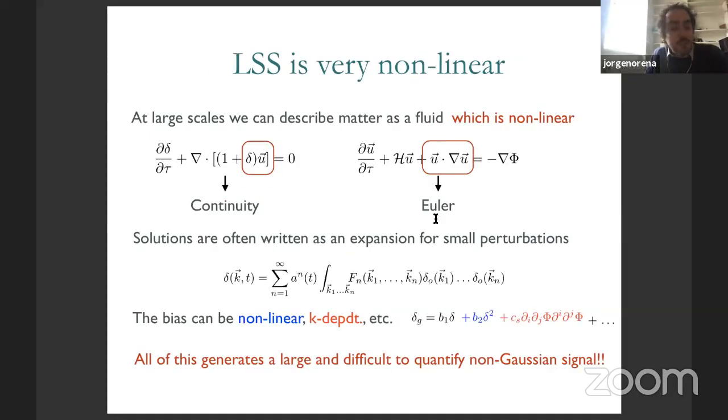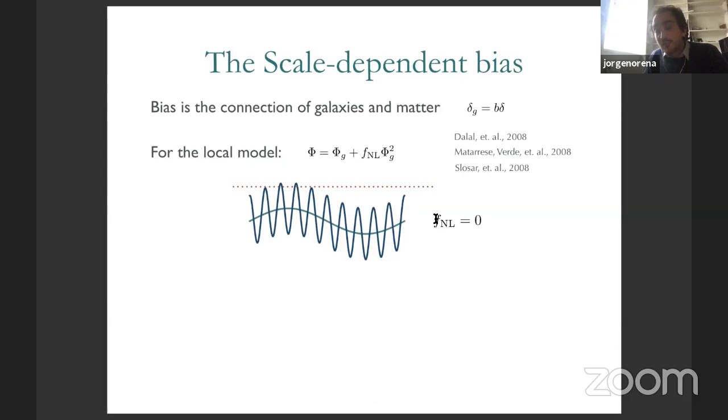So what are the observables of the large-scale structure? One can observe directly the 3-point function. That's kind of trivial, but even the 2-point function contains some information. As I said, bias is the connection between galaxies and matter. Let me consider the local model again, where I have a gravitational potential and I add a quadratic term. This quadratic term correlates short wavelength fluctuations with long wavelength fluctuations.